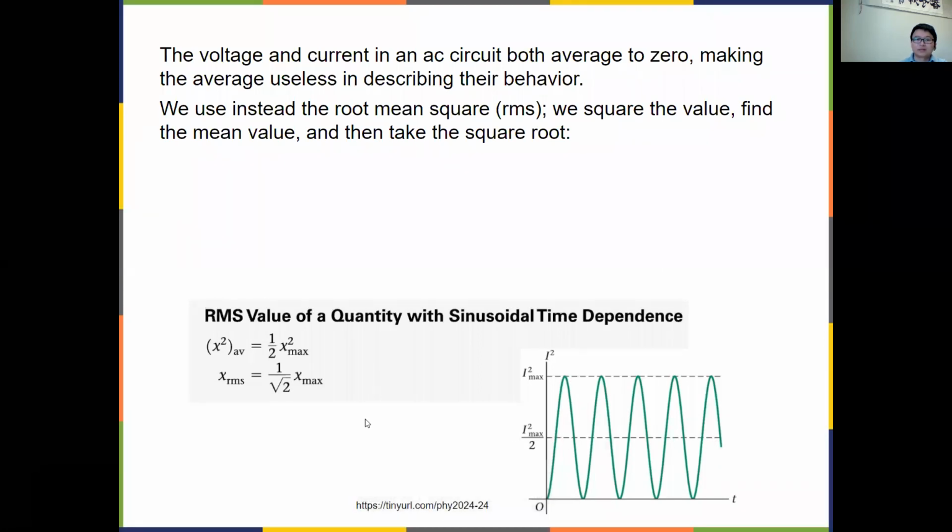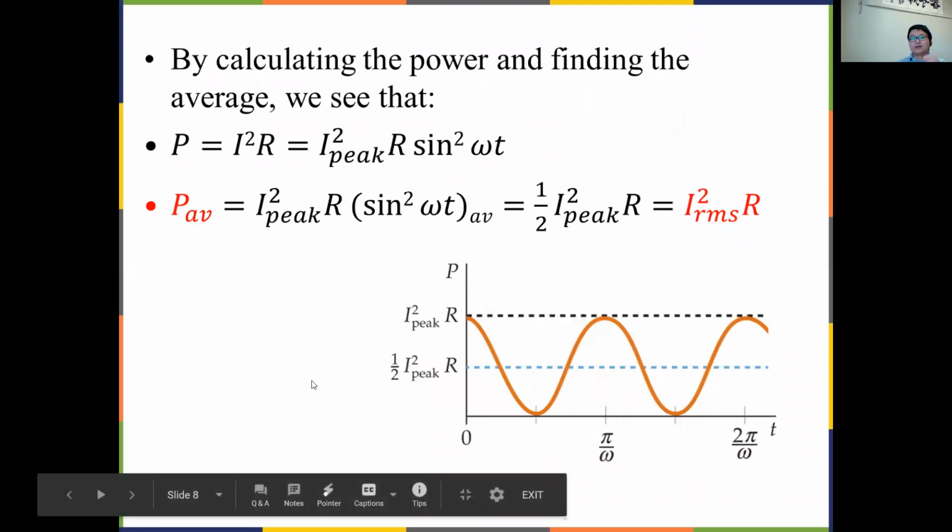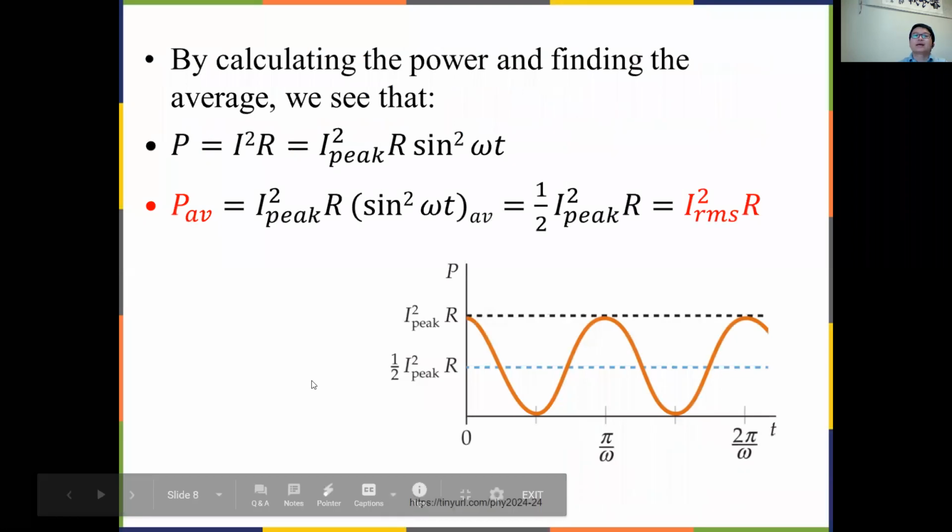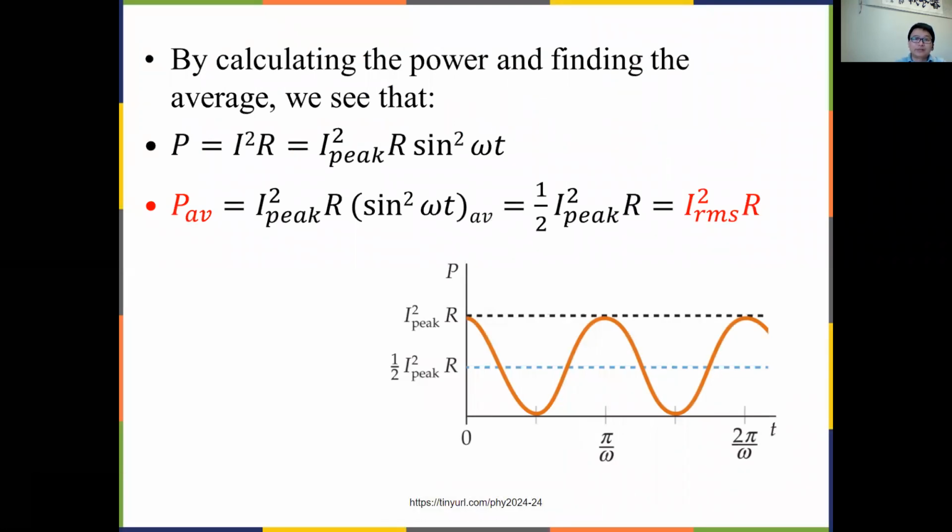Once we have that, using the root mean square quantity, we can calculate the power consumed by a resistor supplied with AC power. Power is equal to I squared times R. That's one of the equations you can use to calculate the power of a resistor.